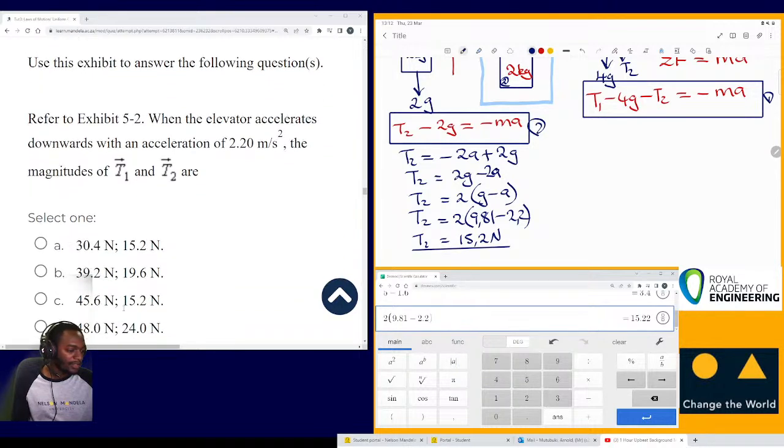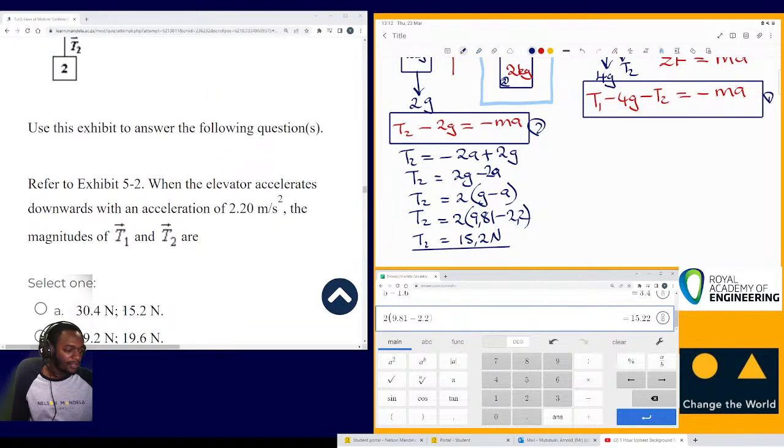So do we have anything? T2, okay, yes, 15.2. All right, so we can then substitute our T2 in this equation. T1 minus 4g minus 15.2 equals negative 4a.